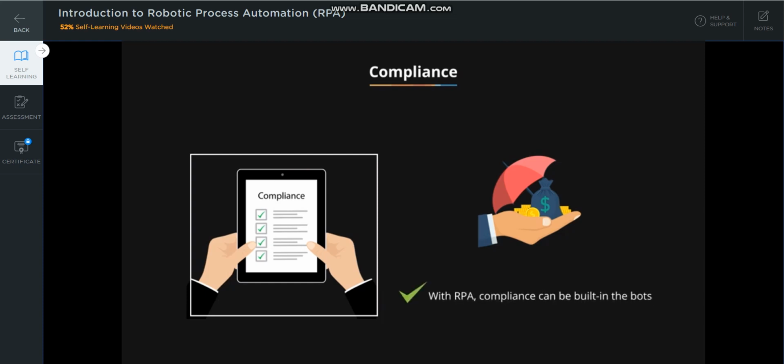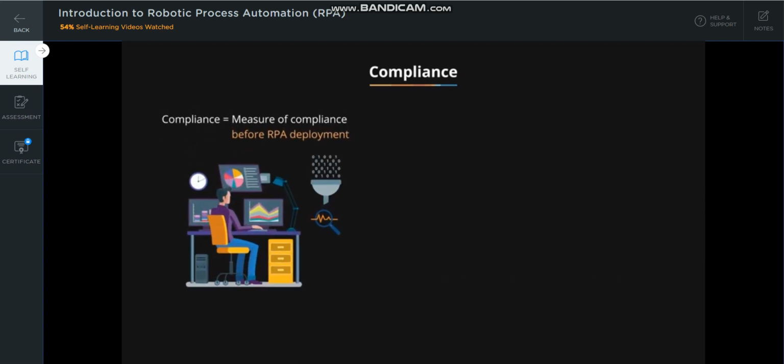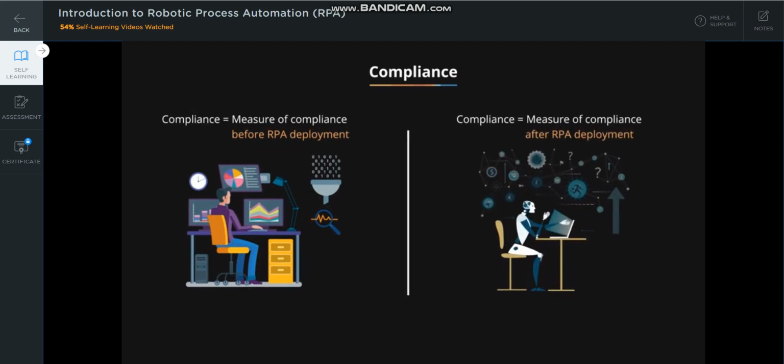With RPA, that compliance can be built in. The robots will not allow anything to pass a decision point unless specifically set compliance criteria are met, eliminating human error. Compliance equals measuring compliance before and after RPA deployment. It should be 100% after.